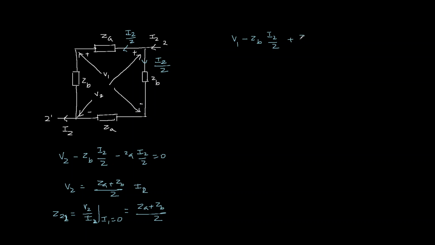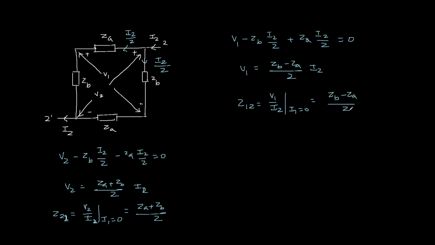So rise in voltage is ZA I2 by 2 equal to 0, or V1 is ZB minus ZA by 2 I2, or Z12 is V1 by I2 when I1 is 0, and it is equal to ZB minus ZA by 2.